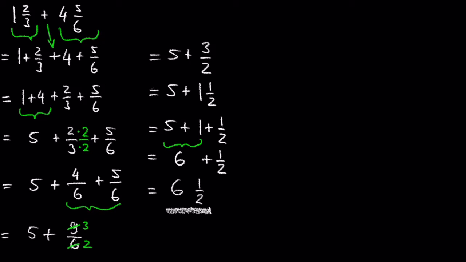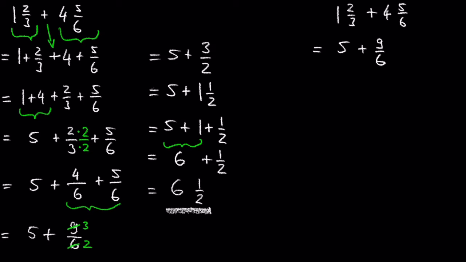Let me quickly show you how you can solve this problem after you have done a couple of exercises. One plus 4 is equal to 5. 2 over 3 is the same as 4 over 6. 4 plus 5 is 9, so we get 9 over 6.